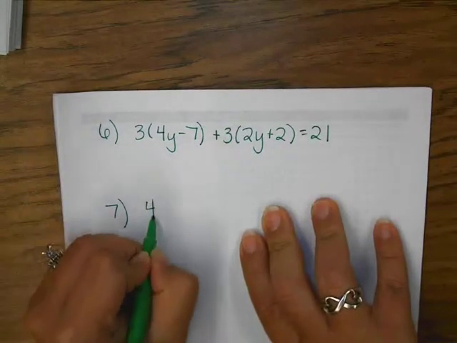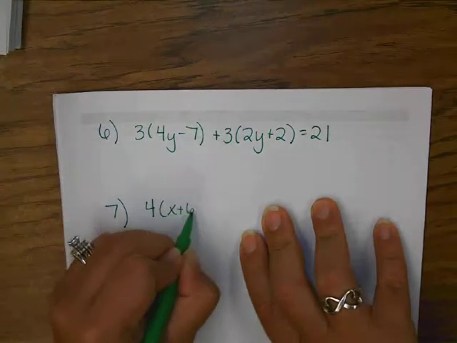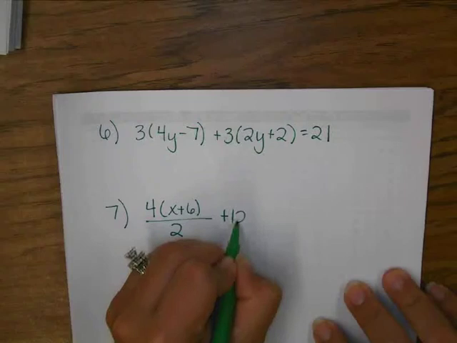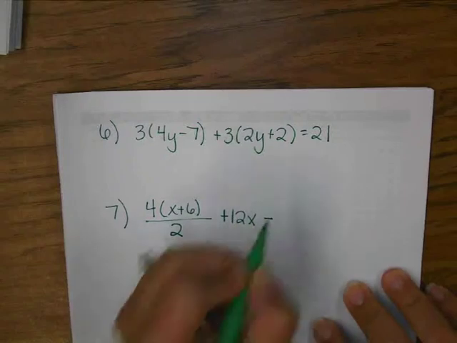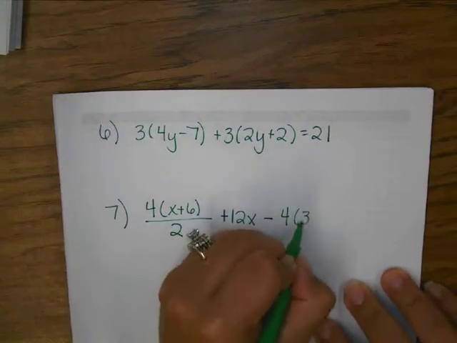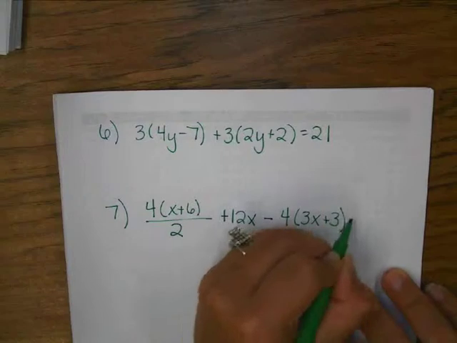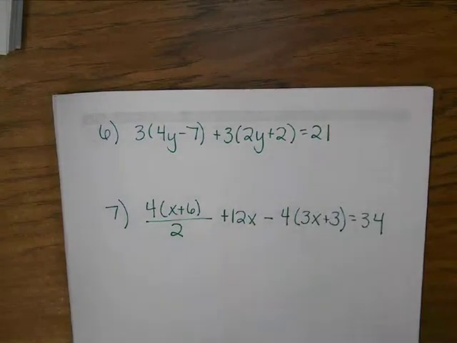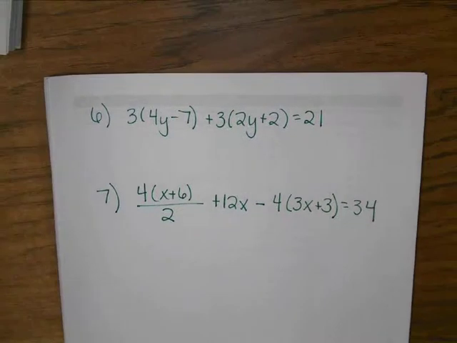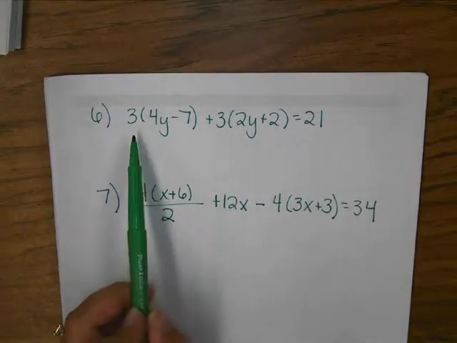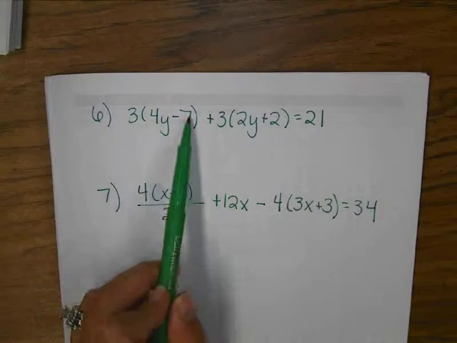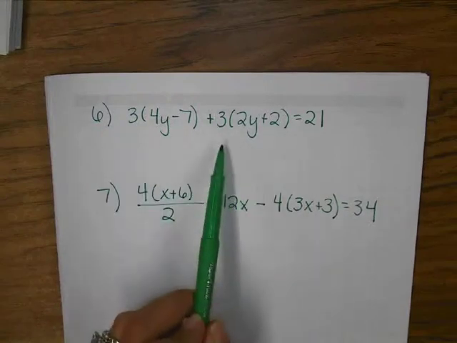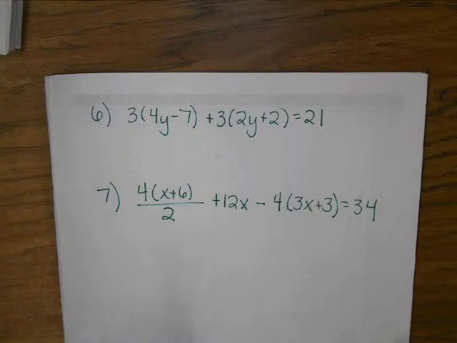And we've got 4 times x plus 6 all over 2 plus 12x minus 4 times 3x plus 3 equals 34. So go ahead and take a moment, write this down, and as you can see, your hint here is distribute, distribute, distribute, distribute, and then combine all your like terms, set that equal to 21, and you'll be down to a 2-step equation.